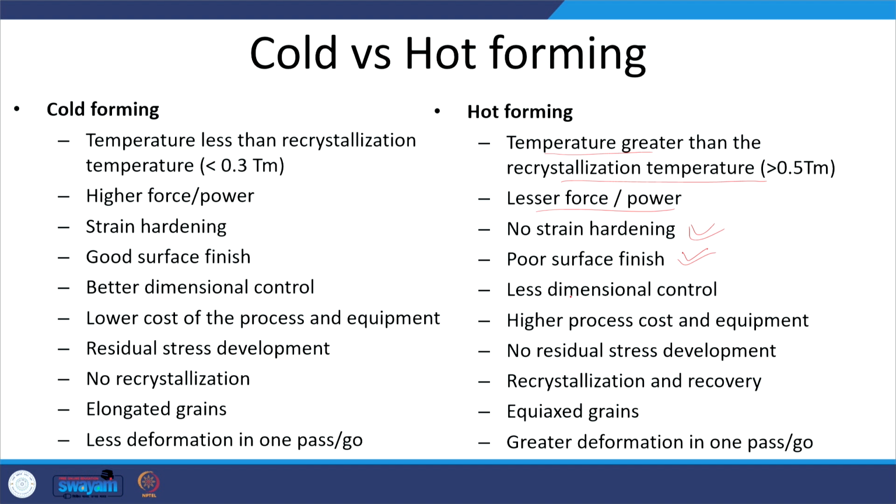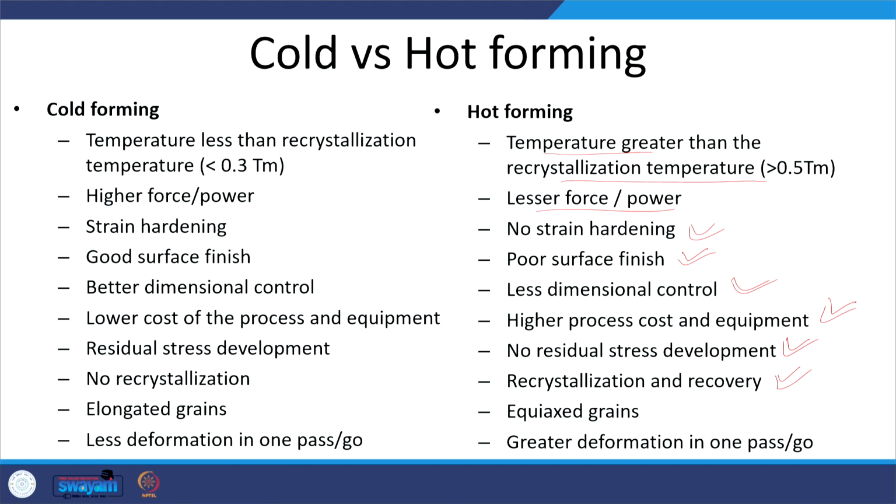Due to the thermal expansion and contraction experienced during heating and cooling in hot forming, only limited dimensional control is possible. Since we have to have systems for heating and handling the material at a higher temperature, the process cost and equipment cost are higher. Since deformation is carried out when the metal is hot, there is no residual stress development, and recrystallization and recovery are the dominant mechanisms happening due to the high temperature.